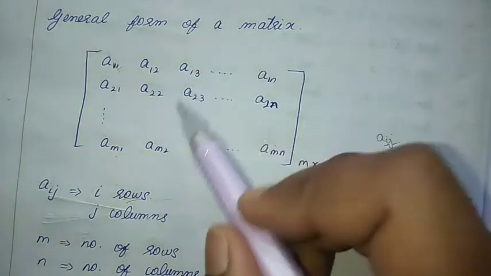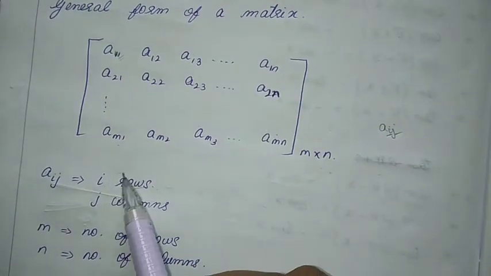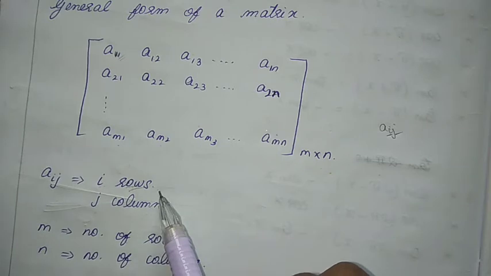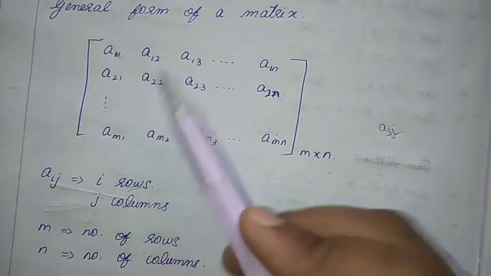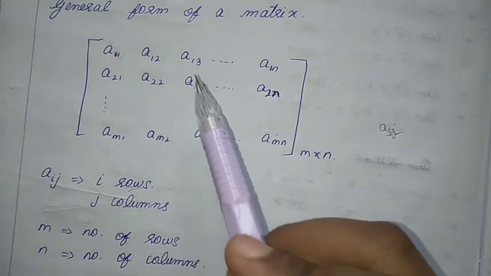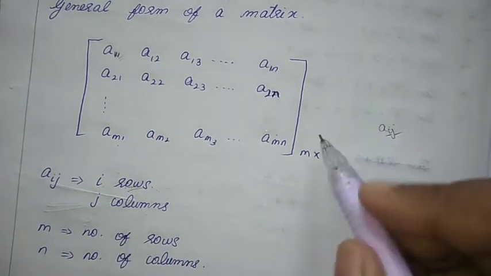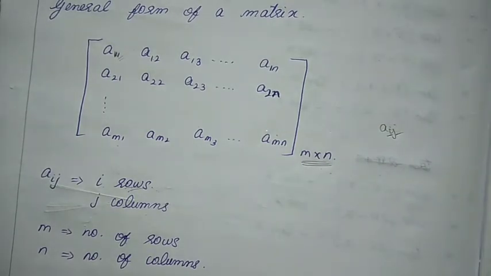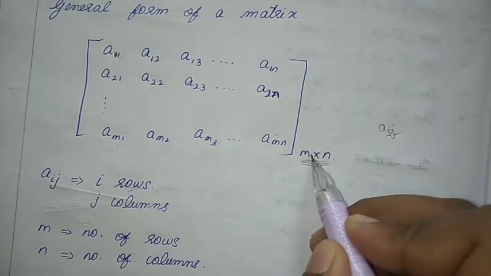So Aij represents the number of the row in which the entry is present, and j represents the number of the column in which it is present. And this will be termed as the order of the matrix.